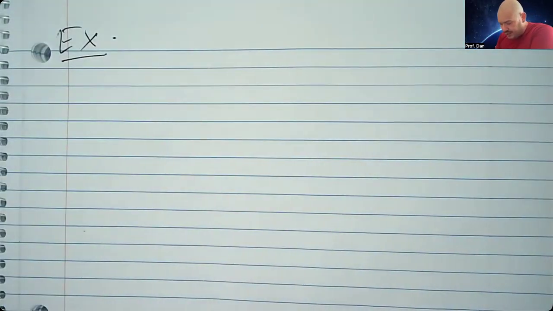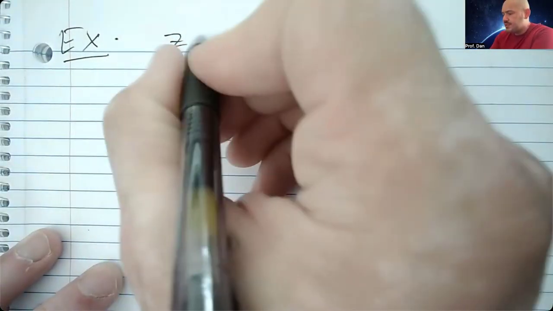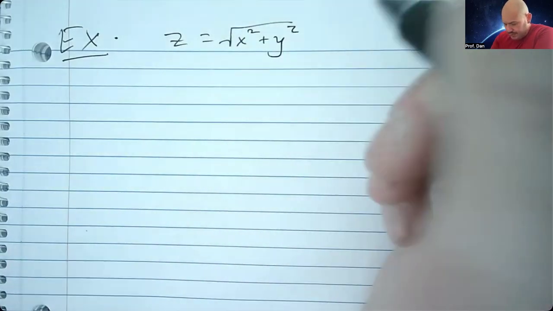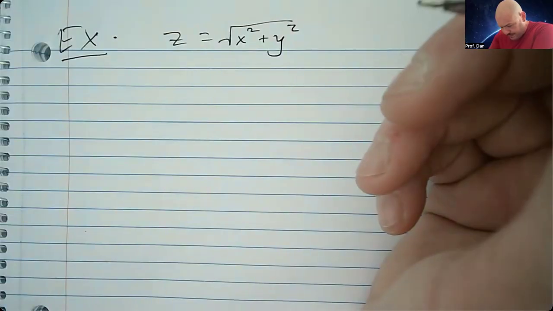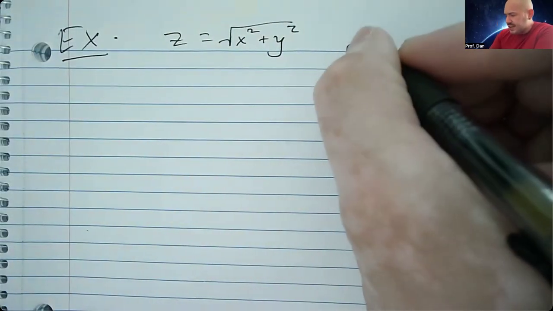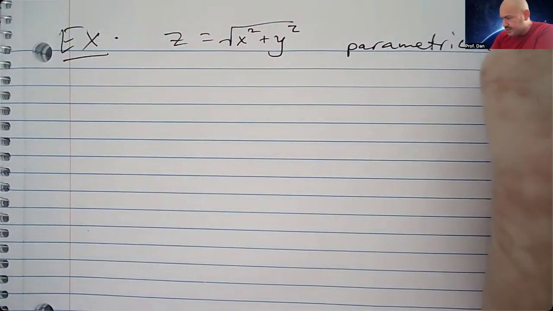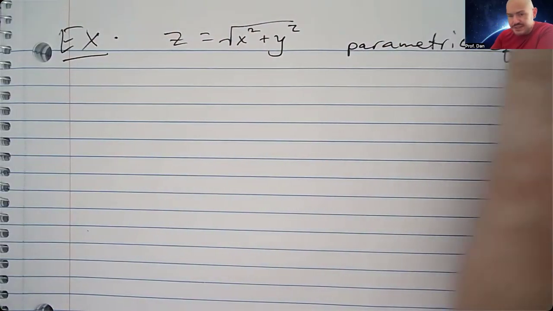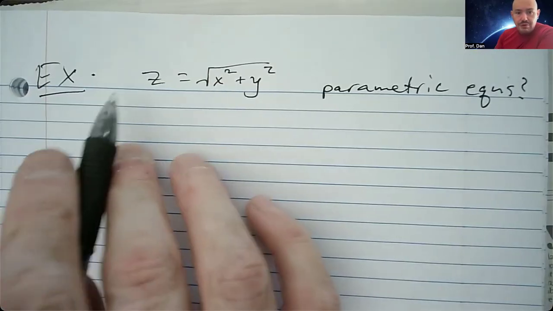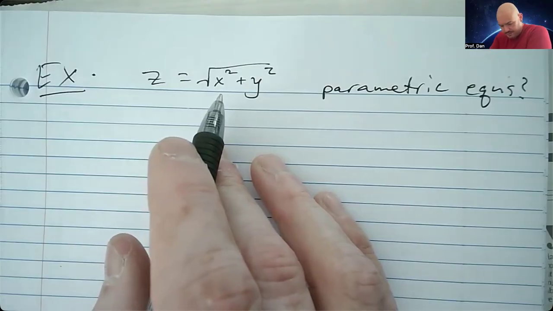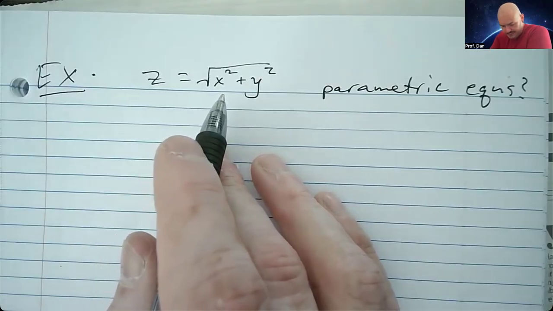So in this next example, let's say that we're given an equation in terms of x, y, and z, and we want to write a set of parametric equations. In other words, we want to parameterize this surface.